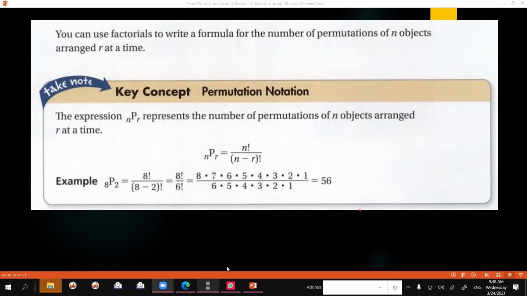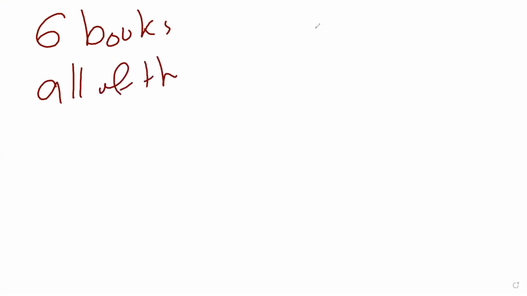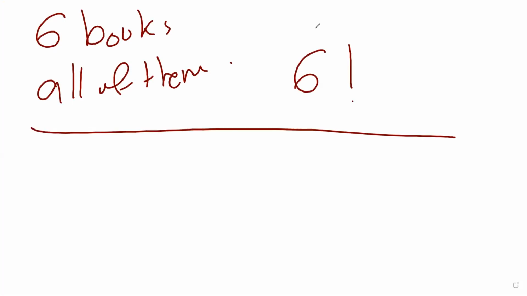Let's write here. So if I tell you now, you have 6 books in your bookshelf and you want to read all of them, how many ways do you have? You tell me, teacher, it is 6 factorial: 6 times 5 times 4 times 3 times 2 times 1. Here, we use the n factorial.